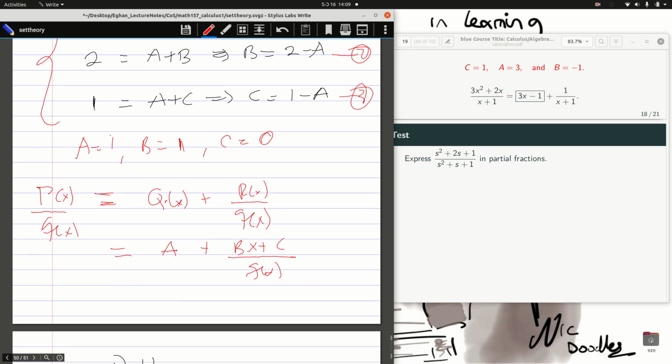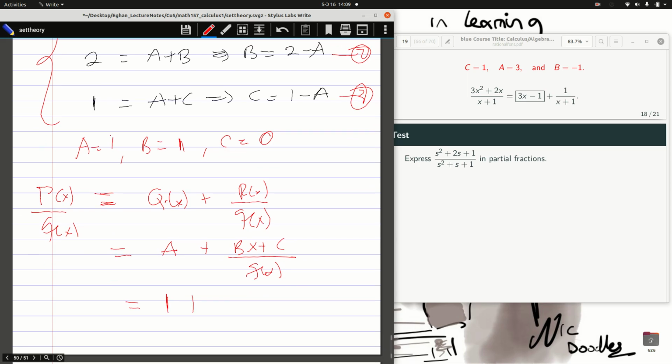I've already found b, and 1 plus 1x, so that is s, plus 0, over s squared plus s plus 1.